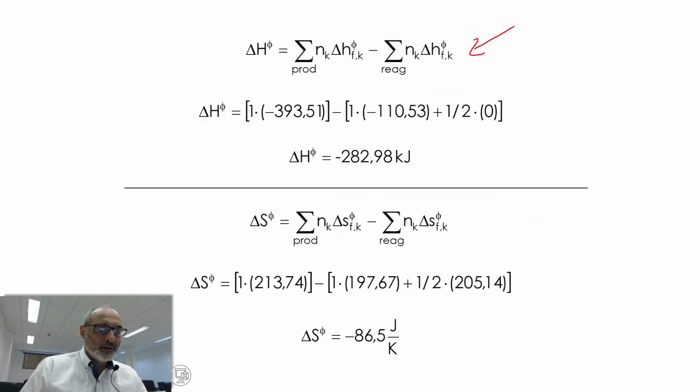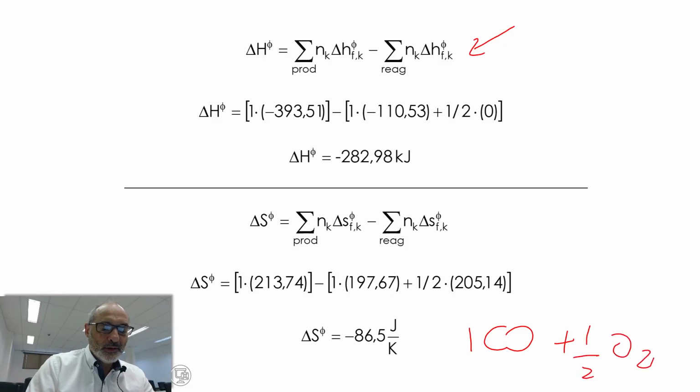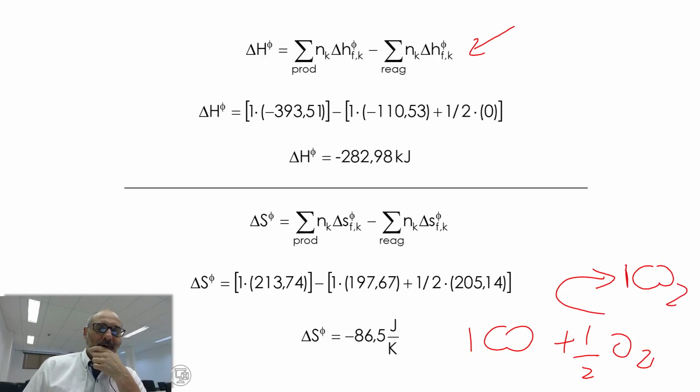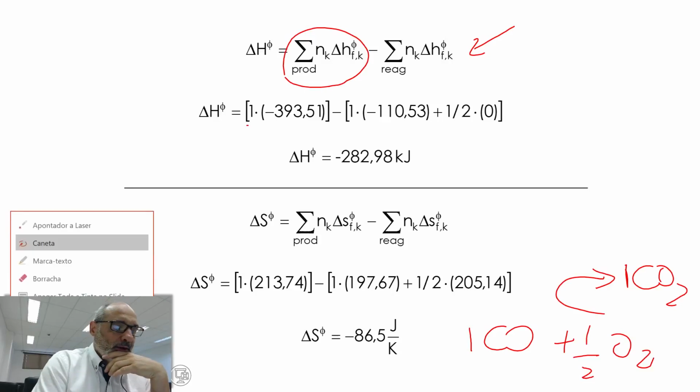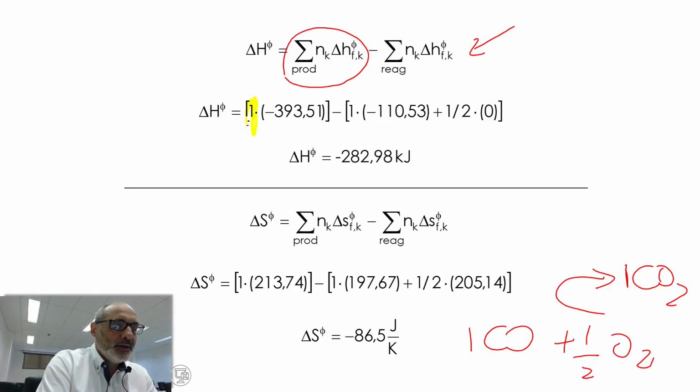I can write it here: 1 CO plus half O2 giving CO2, 1 molecule of CO2. Here we have the products. We have only one product, which is carbon dioxide. So this number 1 here corresponds to this number 1 here.